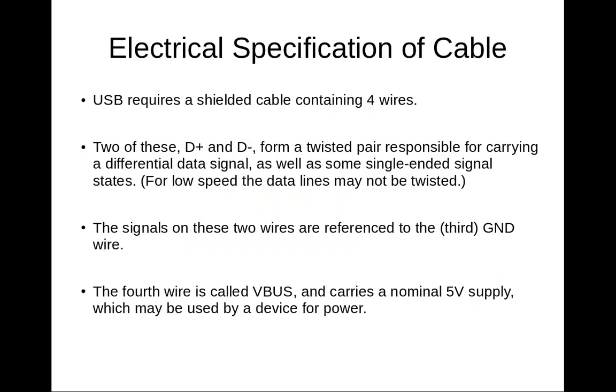Now let's talk about some electrical specifications of this. USB has a shielded cable that contains 4 wires, as you can see in your USB plugs. Out of these, 2 lines are known as signal lines, that is D plus and D minus, and after that you have the ground wire, and the fourth one is VBus.